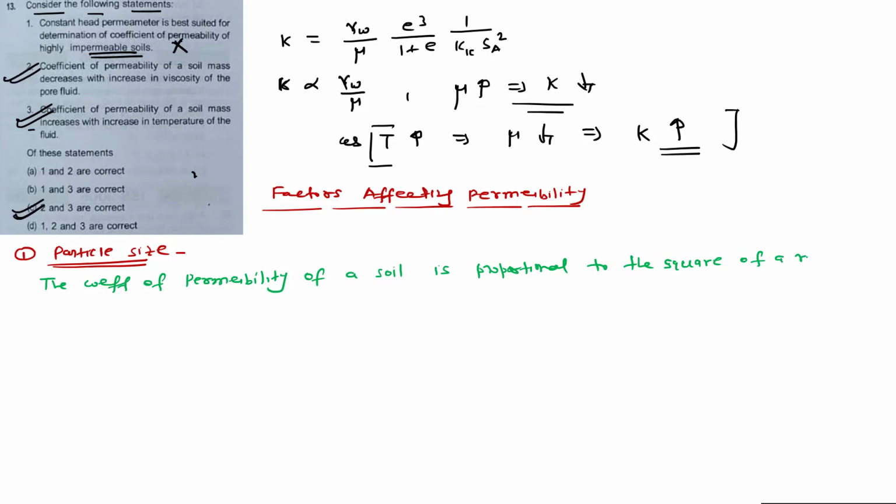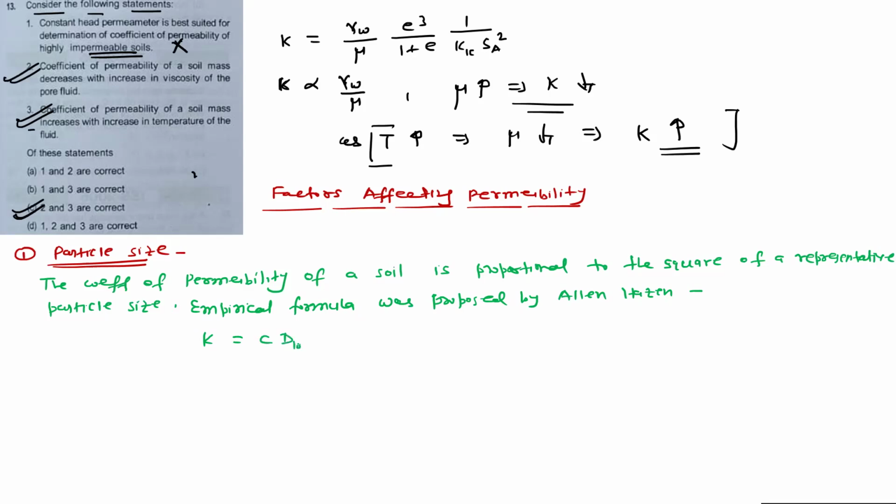An empirical formula was proposed by Allen Hazen, that is, K is equal to C d10 square, where d10 is the effective size of particle.